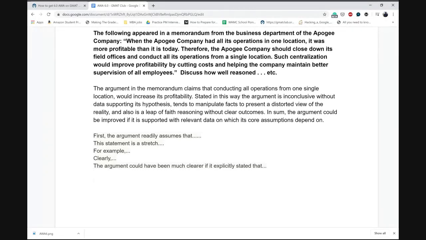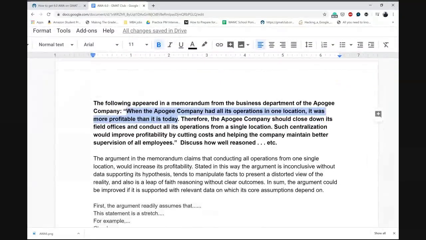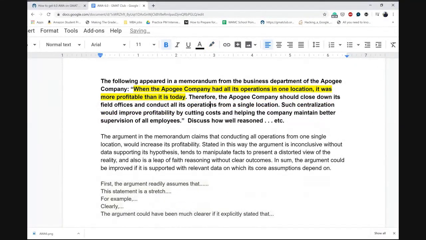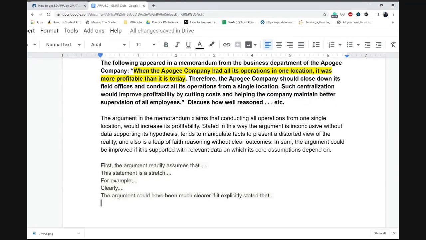So let's see, what's the first piece of the argument that we want to really zero in on? So I want to take this sentence. I think this sentence is really important for me to pick apart. So this will be the first part of my attack, right? And I'm going to use this logic to attack that first piece, right?